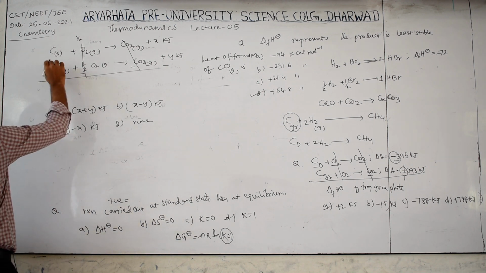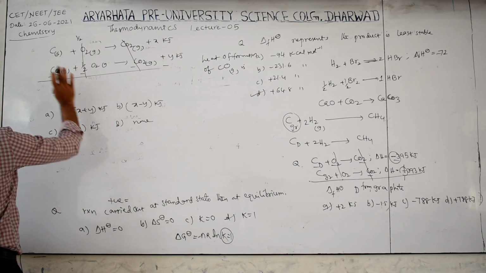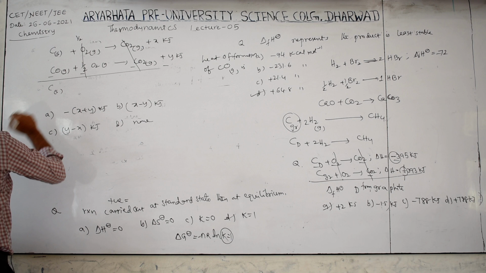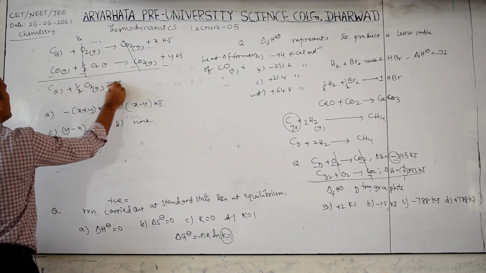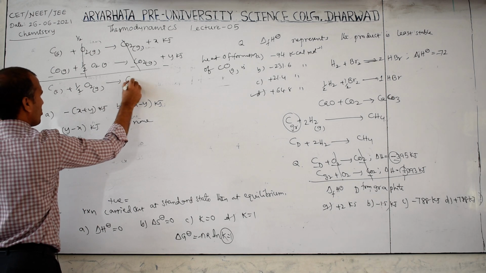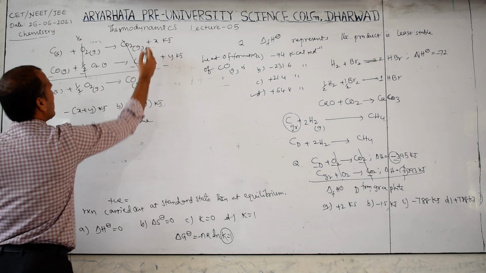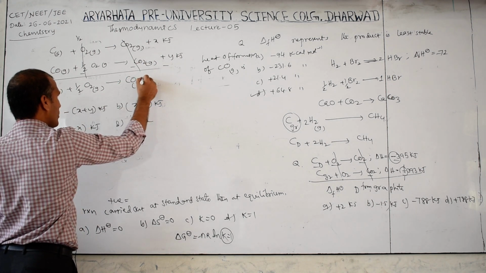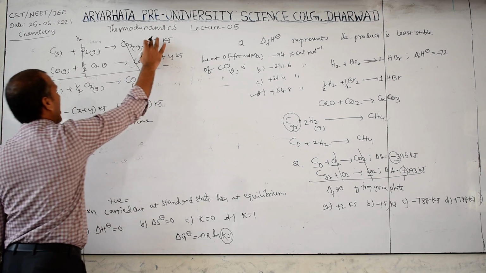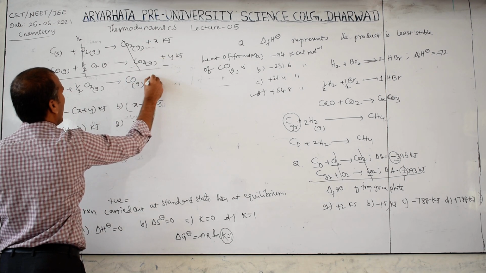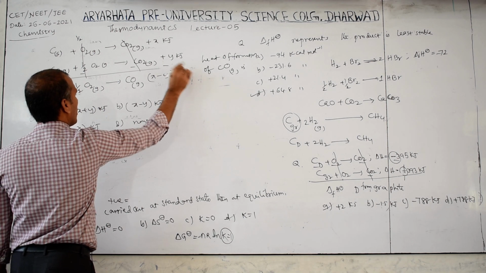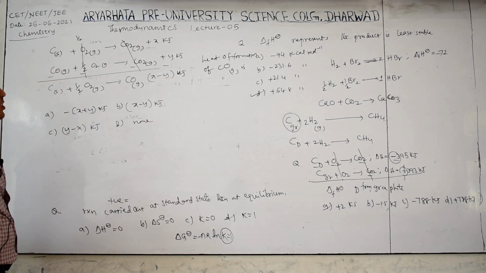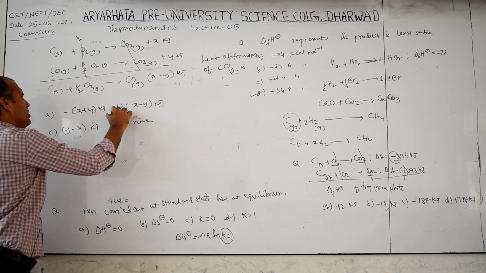So carbon solid state plus half O2 gas, this is minus, and on the right side comes plus CO gas. Adding, we get X minus Y kilojoule. Therefore option B is correct.